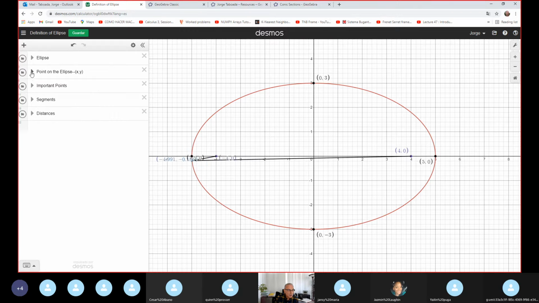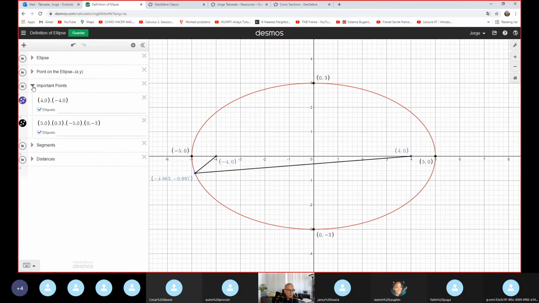What point? The important point is the focus, in plural it's called foci. These points are negative 4,0 and positive 4,0. These are the foci in plural. It's a focus.